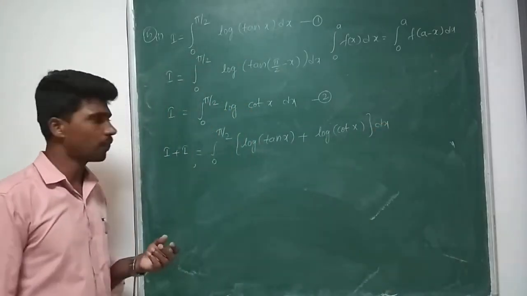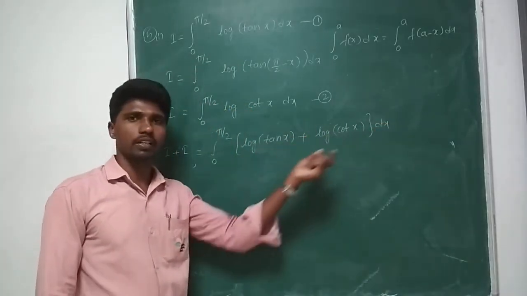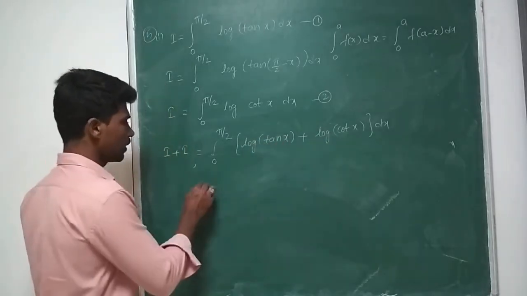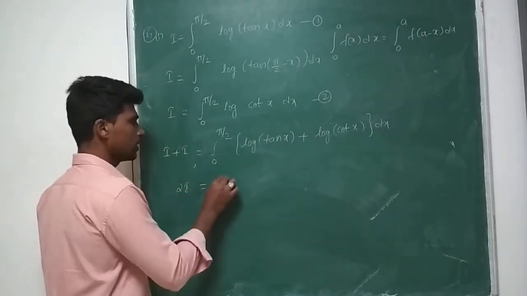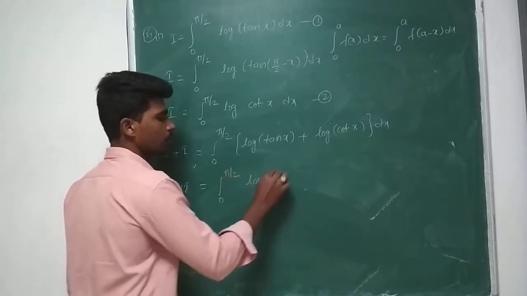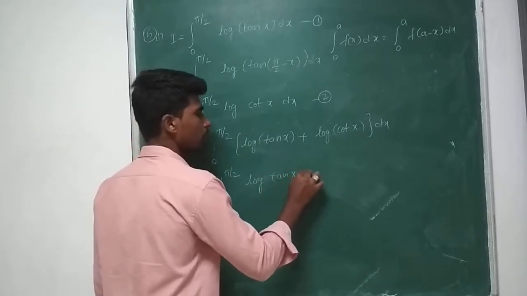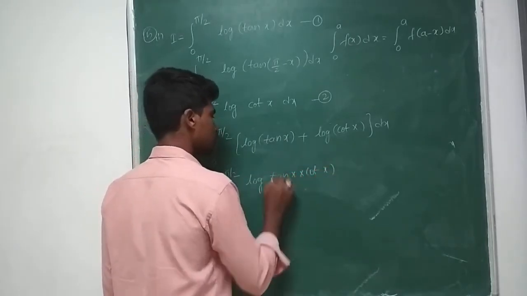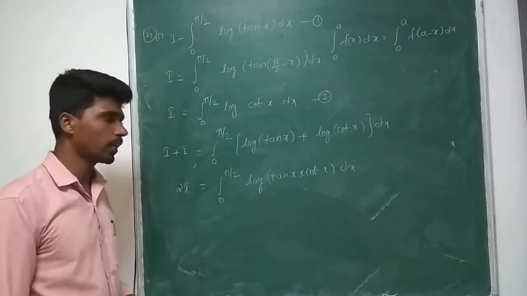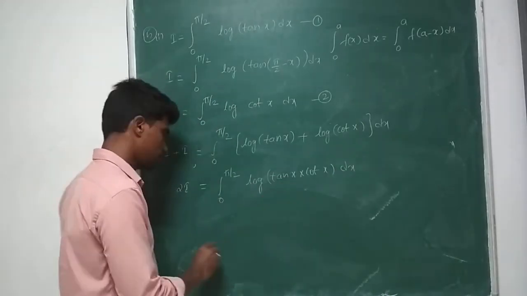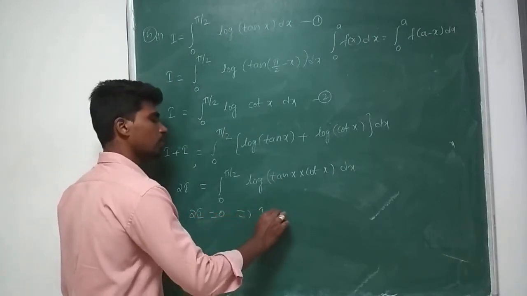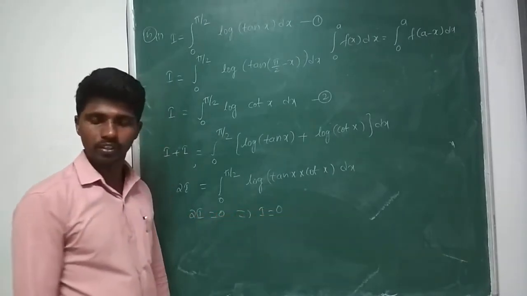It is in the form log m plus log n, and log m plus log n is equal to log m into n. So I can rewrite it as 2I is equal to integral 0 to pi by 2 log tan x into cot x dx. As we know, tan x into cot x is 1 and log 1 value is 0. So I get 2I is equal to 0. That implies the value of I is equal to 0.